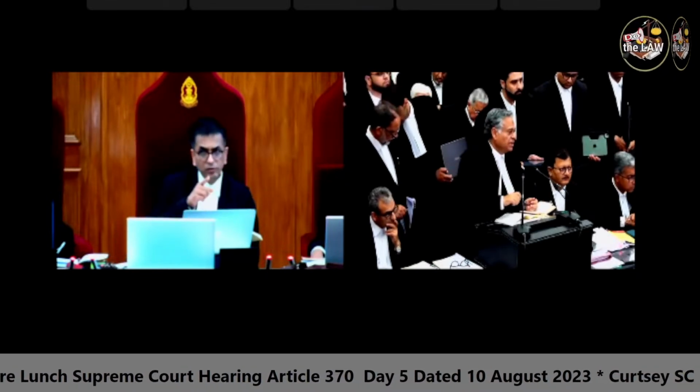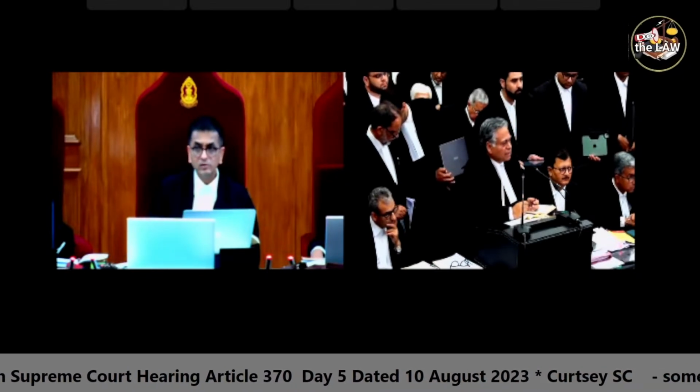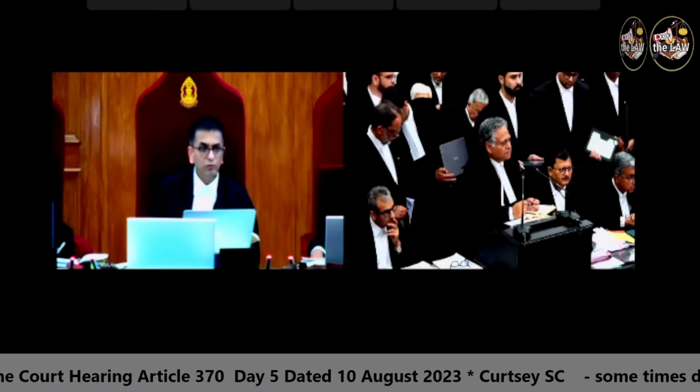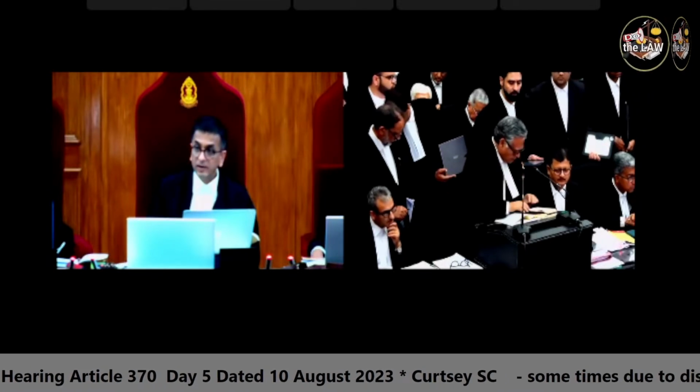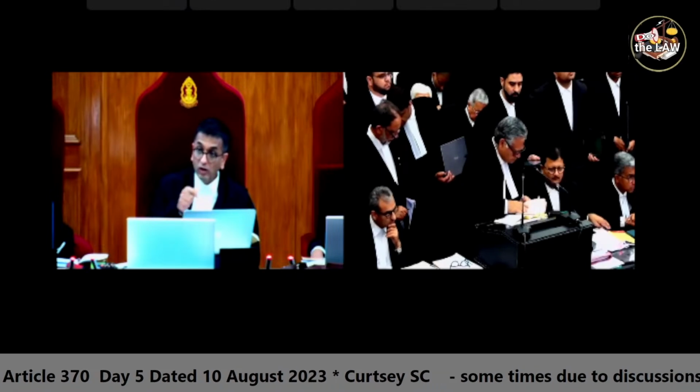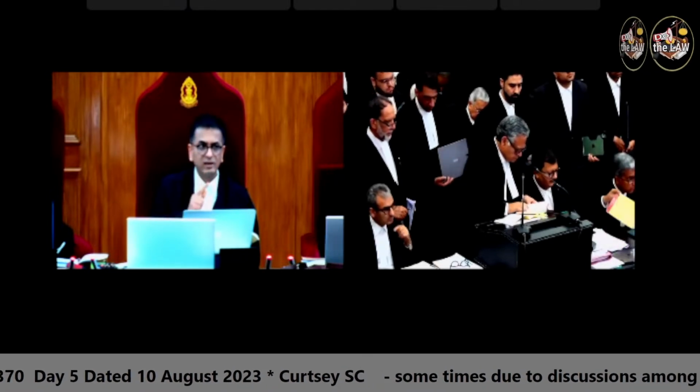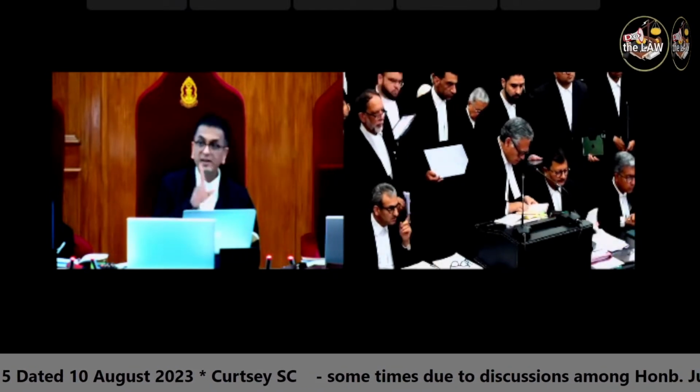I'll tell you, there are provisions in the Constitution which apply to concurrence of the states also. See Article 249. Parliament can enact a law on a matter covered in the state list, and it says that concurrence is required.